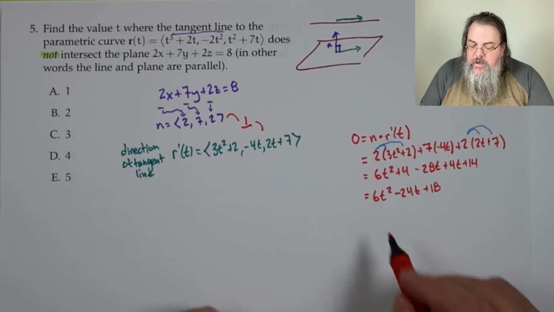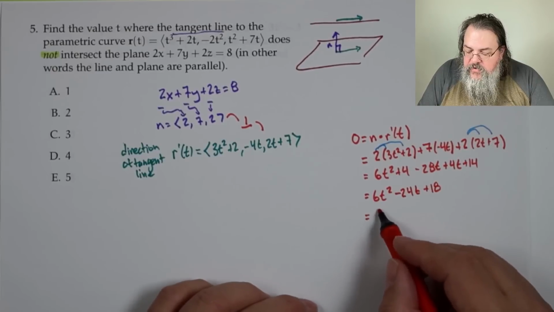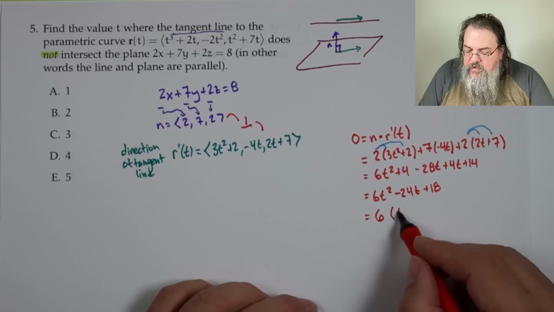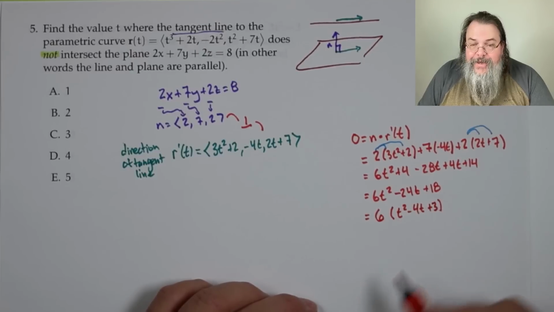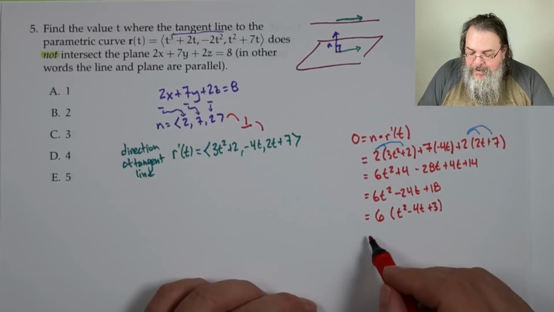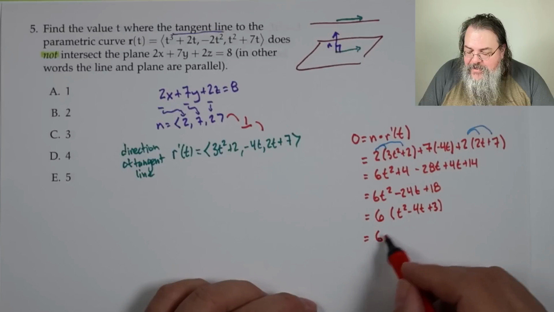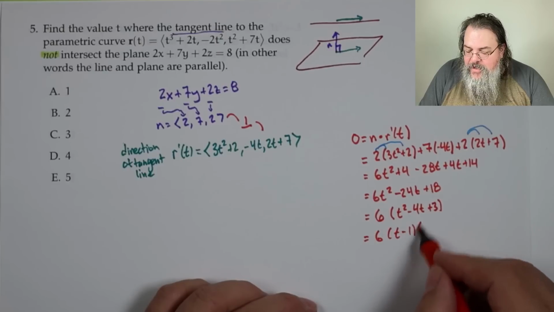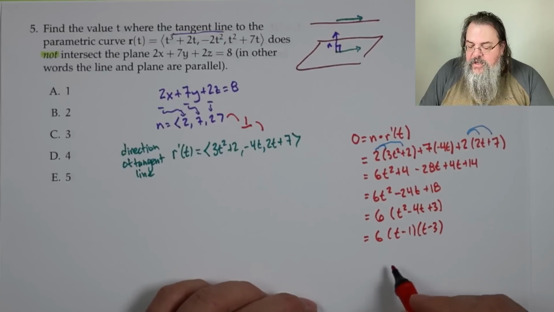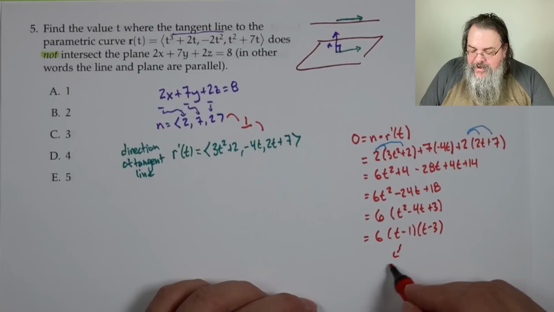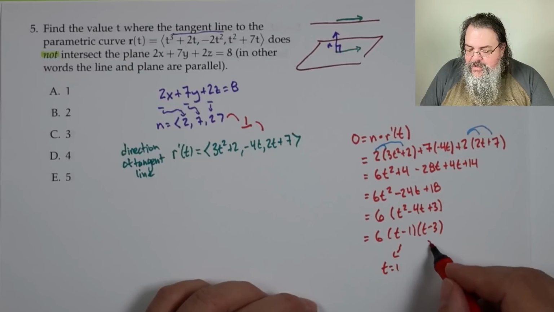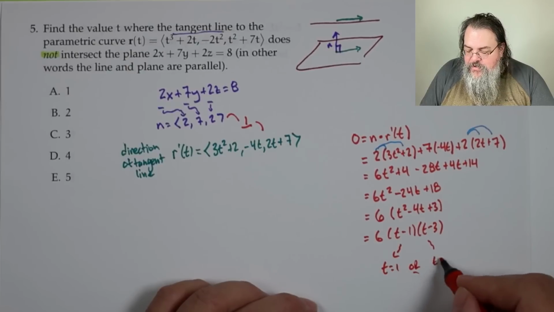Well, those all have factors of 6. So 6 times t squared minus 4t plus 3. We're feeling pretty good. And that factors as t minus 1 times t minus 3, and that equals 0. And so we get our answer, t equals 1 or t equals 3.